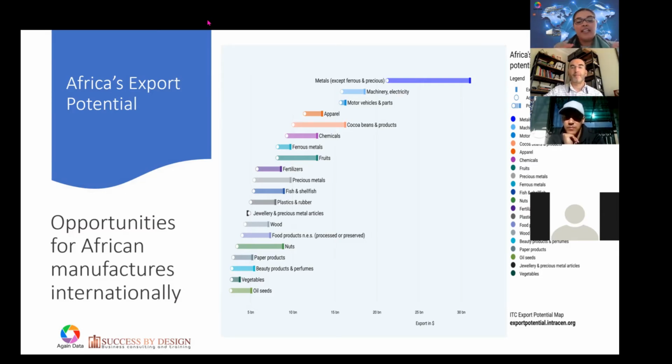The data we pulled today was simply Africa as a whole. Obviously, we can get more specific depending on what category we're looking at. But as a whole, when AgainData examines the entire world in terms of imports and exports, and looks at what Africa's potential is in those markets, this is the type of growth we could be experiencing. So this is an overall slide showing what we could do in terms of our specific product types.